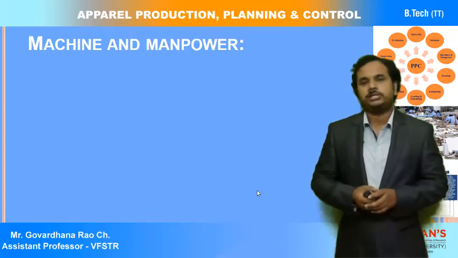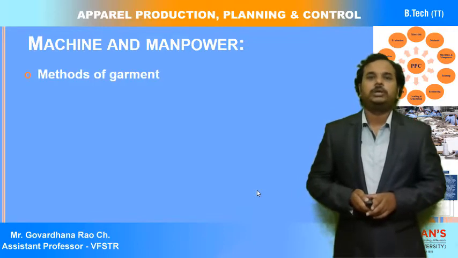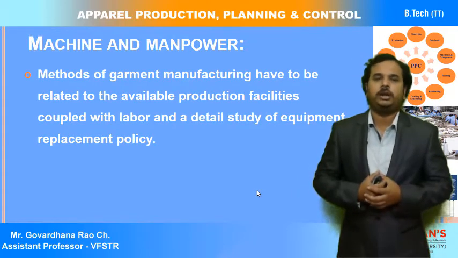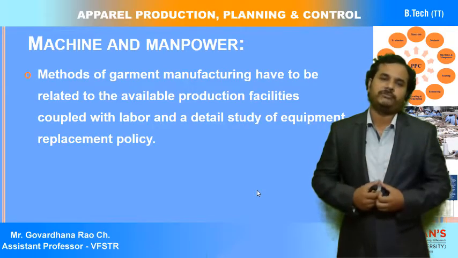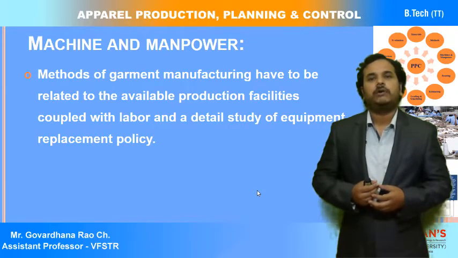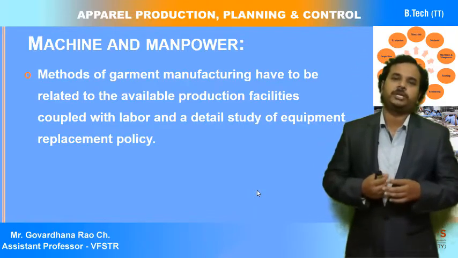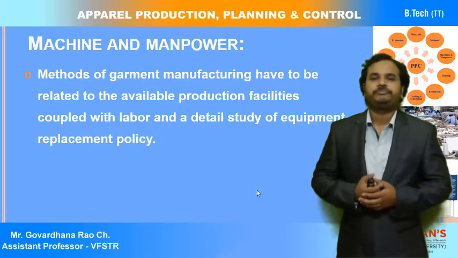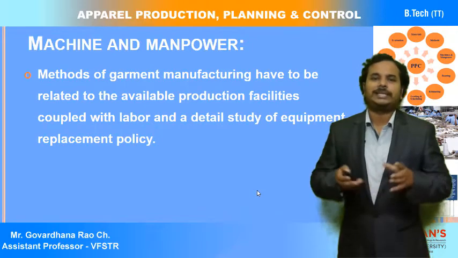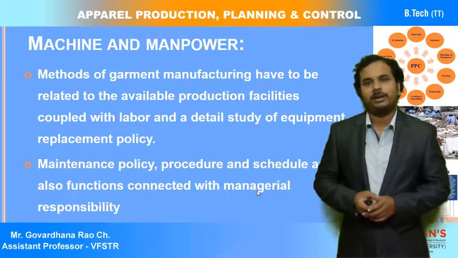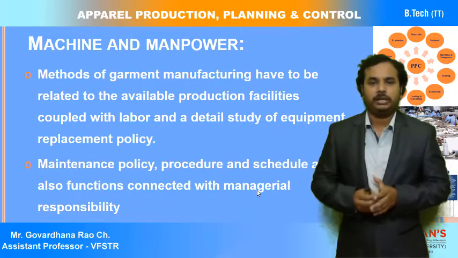Then the next one is machine and manpower. The method of garment manufacturing has to be related to the available production facilities, coupled with labor and a detailed study of equipment replacement policy. This is exactly the manpower and machine requirement for a particular production area.